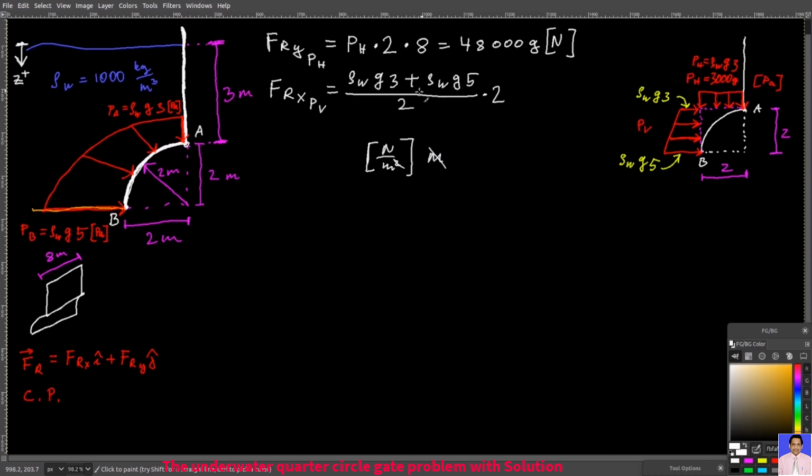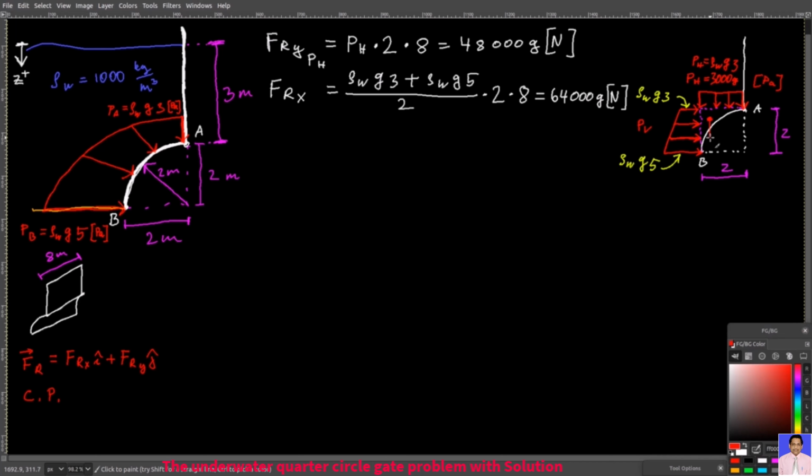So we also have to multiply it by 8 meters, the length of the wall. Then you will have one more meter here, and then you have newtons. And then if you calculate all that, you will get 64,000 g newtons. That force, of course, points to the right. And in fact, this trapezoidal pressure distribution is the only one that contributes to the force in the horizontal direction. So this answer here is our total Frx. So we don't need to put this PV here.